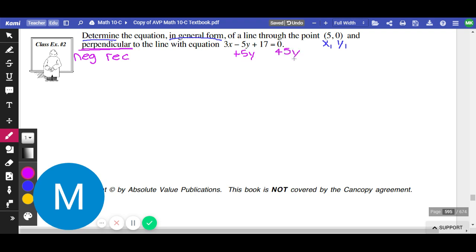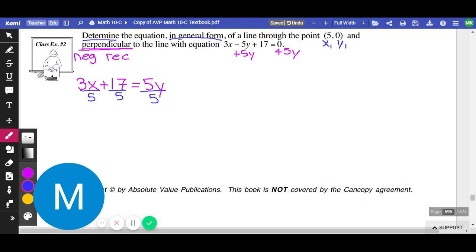That gives me 3x plus 17 equals 5y. I'm almost in slope-intercept form, but there's a 5 on that y still, so I divide by 5.